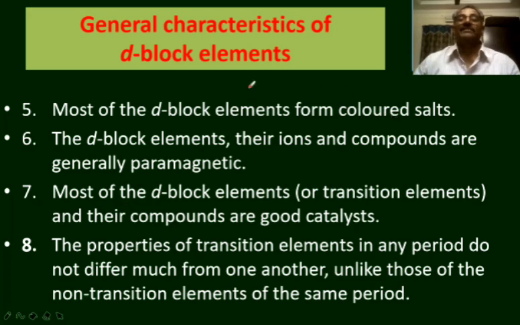The formation of colored compounds is due to the transition of electrons between d orbitals. You know that all the d orbitals are degenerate orbitals. What is meant by degenerate orbitals? D orbitals possess the same amount of energy.